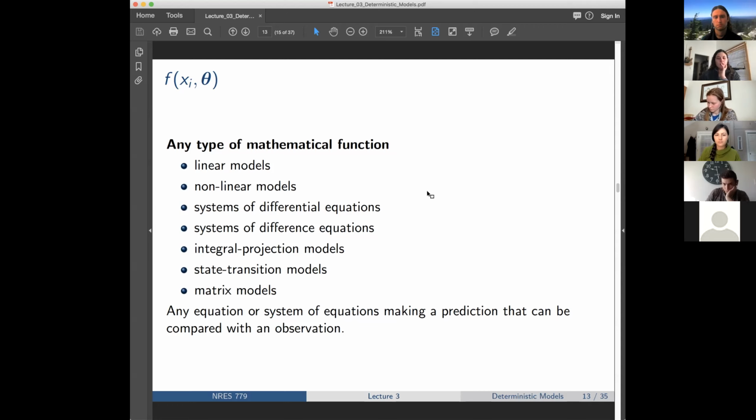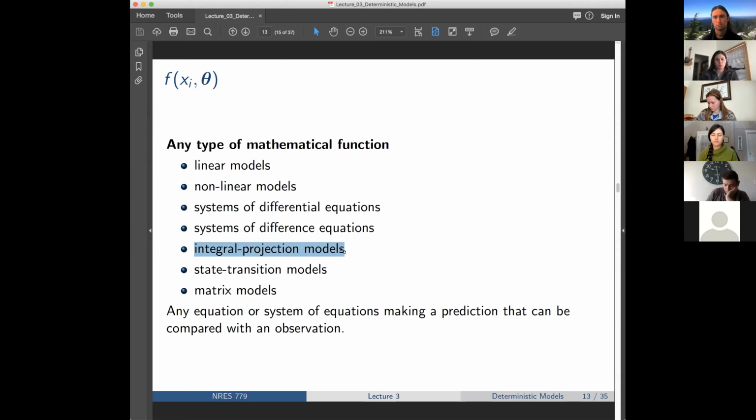Systems of differential equations, if we're working in continuous time, or systems of difference equations if we're working in discrete time. Integral projection models, a type of matrix model where it's broken up into continuous space. This IPM idea is becoming a popular buzzword in ecology.